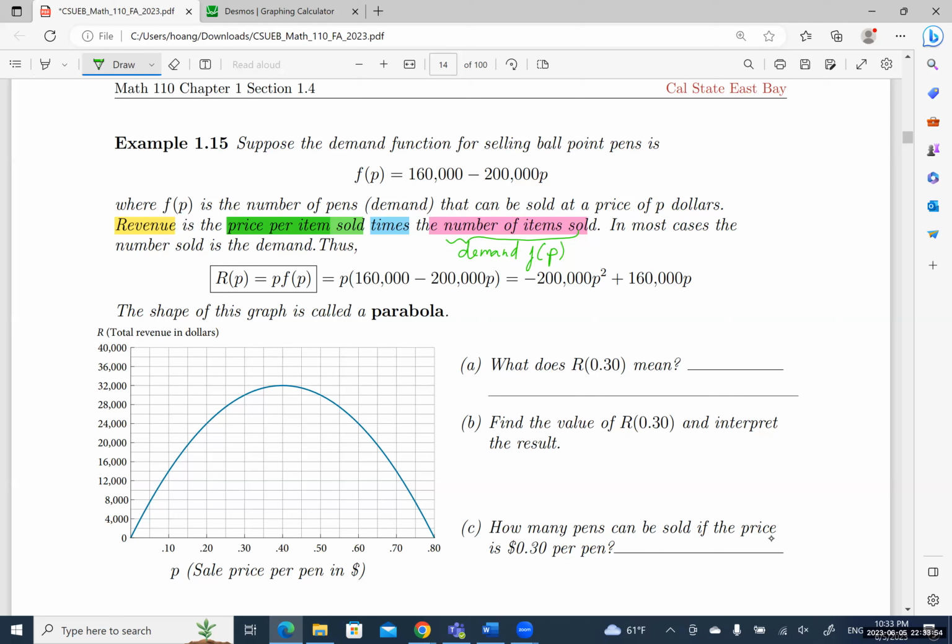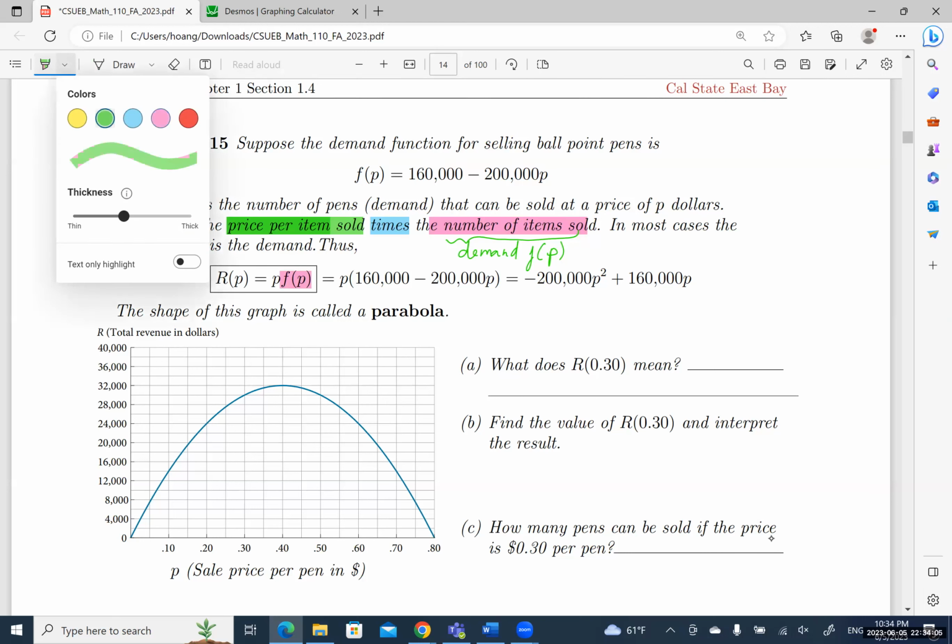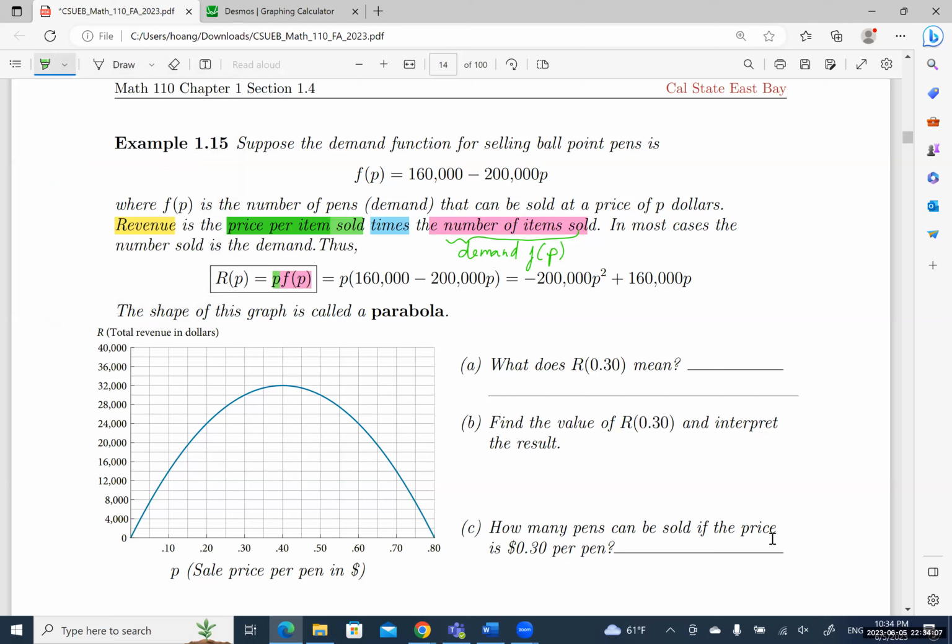And the price per item sold is just P. So that's the reason why I have P times F of P to get the revenue function with respect to P.